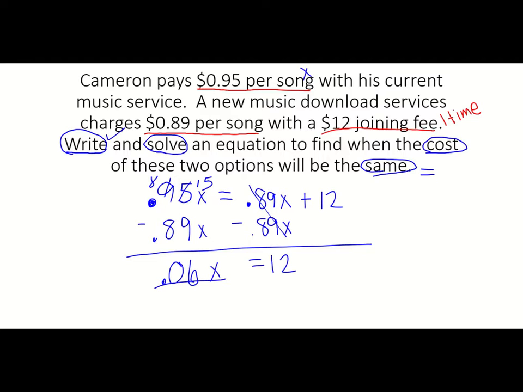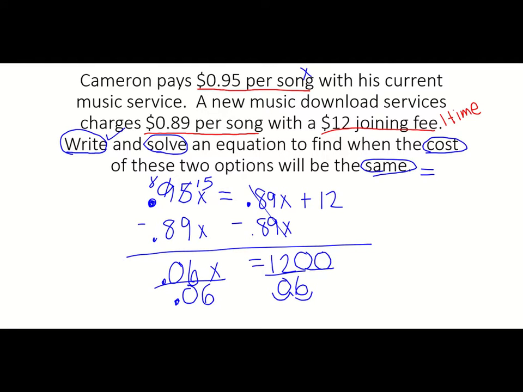And then I need to divide by 0.06 on both sides. Now the trick when you divide by decimals, we need to move the decimal in twice. And if the top one doesn't have a decimal, we add that many zeros. So I moved it twice. I'm going to add 2 zeros.